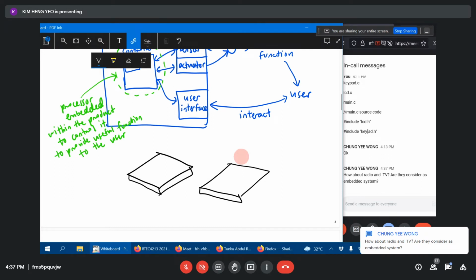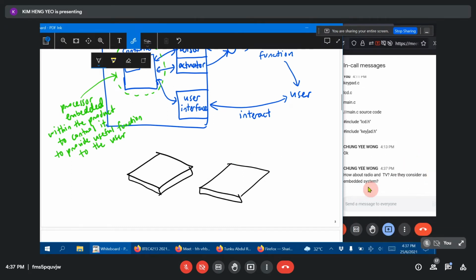How about radio and TV? Are they considered as embedded system? If the radio and TV has a processor embedded inside, then it is an embedded system. You can have analog radios and you can have analog TV. Analog radio means your radio is built from transistors and op amps. Analog TV, you have some digital controllers, some ICs, but they are not programmable.